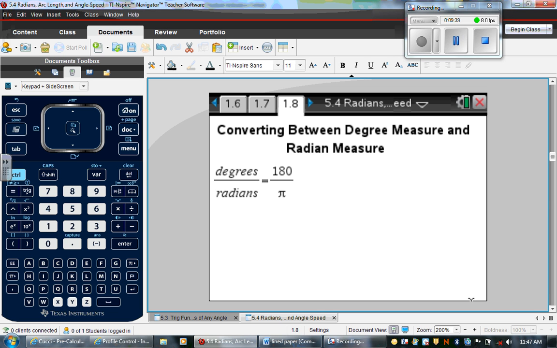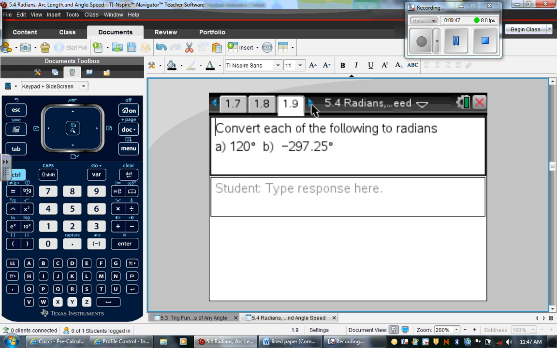So we're going to convert each of the following to radians. We've got 120, which is a nice even number, and negative 297.25. It doesn't matter if the numbers are pretty or not. That proportion is still going to work for us.